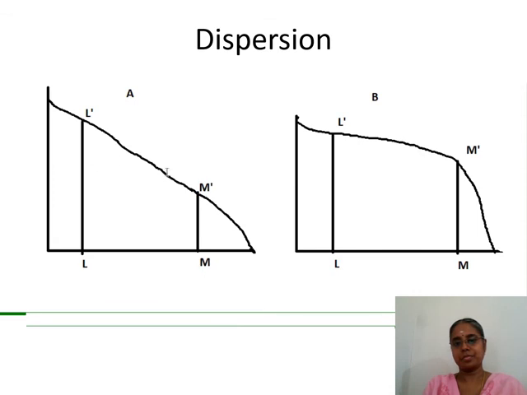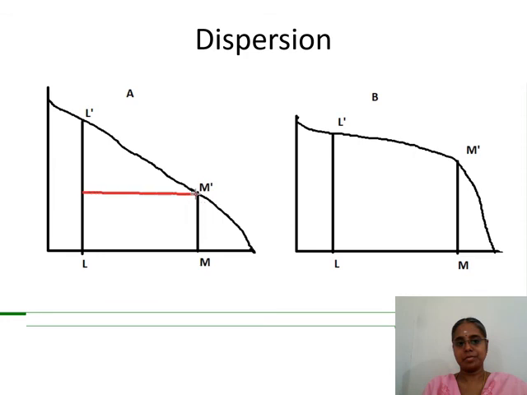So now the dispersion is the difference between the upper quarter and the lower quarter expressed as a percentage of effective length LL dash. So now we'll try to understand that still better.